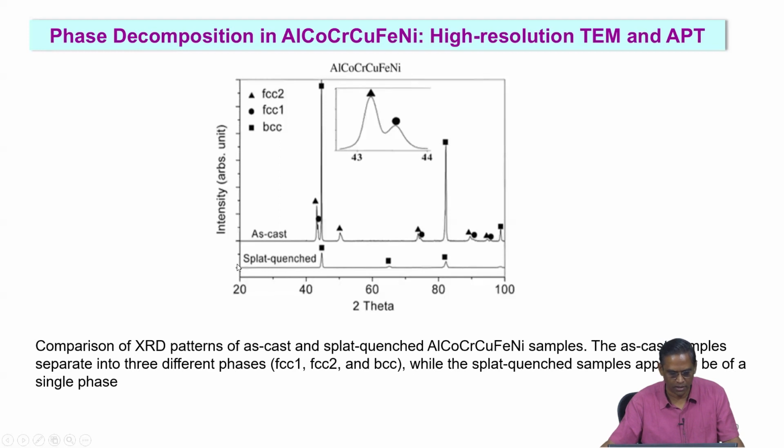So you can see that the splat quenched sample exhibits a single phase, and the as-cast sample has 3 different phases. The square one is BCC, the circle one is FCC1, the triangle is FCC2, which is good enough to have a complicated microstructure actually.